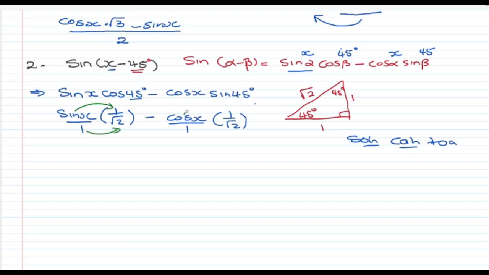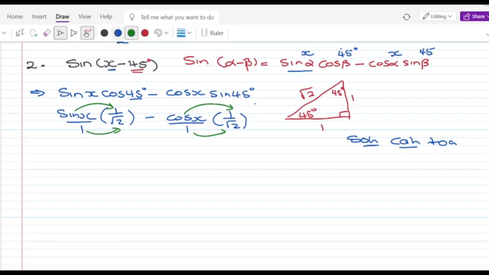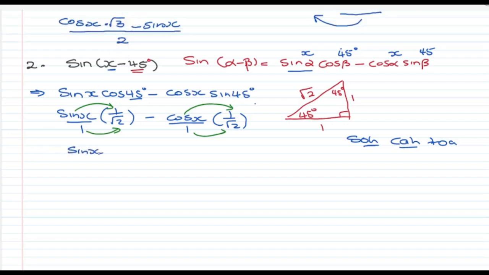So you also do the same this side, you row multiply. So you just have to multiply your numerators. When you multiply your numerators, what do you get? On top we have the sine x, on bottom we have the √2, minus on top we have the cos x, on bottom we have the √2.